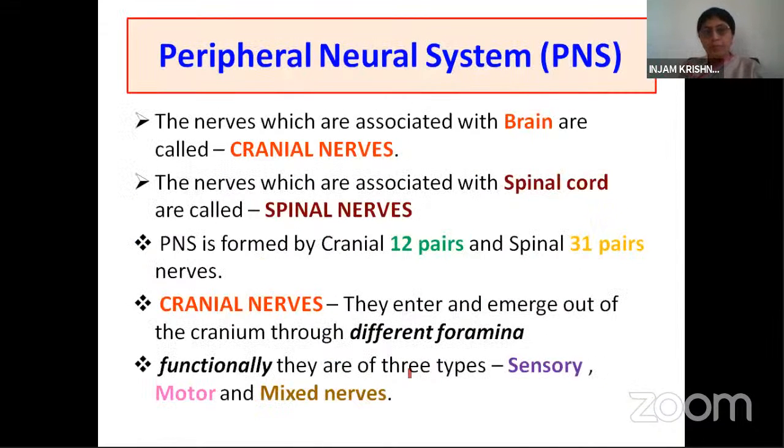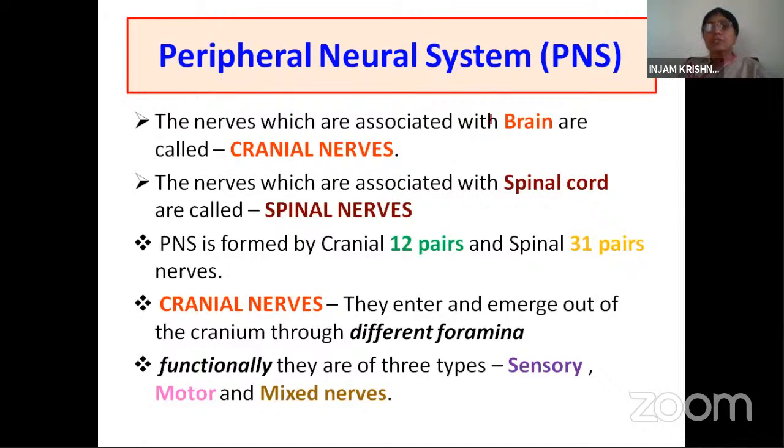Next. So far we have completed the central nervous system. The central nervous system consists of the brain and the spinal cord. We have read in detail about the central nervous system. What is the other nervous system? That is the peripheral nervous system. The peripheral nervous system consists of two types of nerves, as all of you know: cranial nerves and spinal nerves.